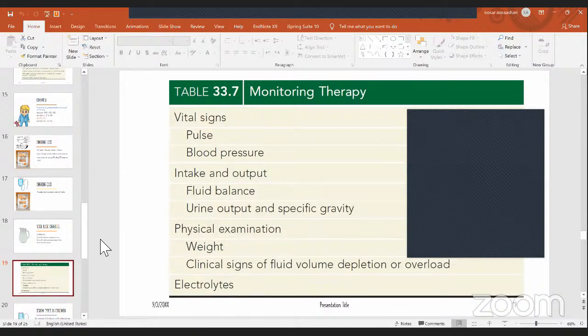And in the physical exam, you should make sure to calculate the weight. Usually for children, we do not do this routinely every day, but for neonates, it's very important to check their weight each day, because their differences in weight are easily recognizable, okay?